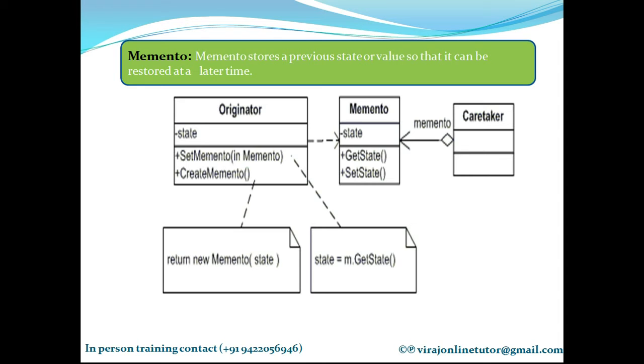The caretaker calls create memento of the originator that will save the state of the originator into a memento object, and then the caretaker can perform n number of operations on the originator, and if it wants to undo these operations, it will call set memento and pass the original memento object which contained the state of the originator earlier.